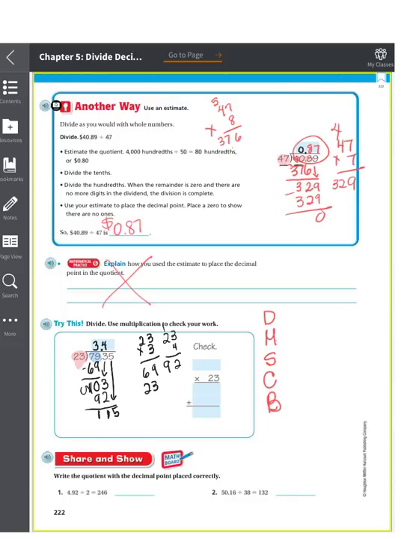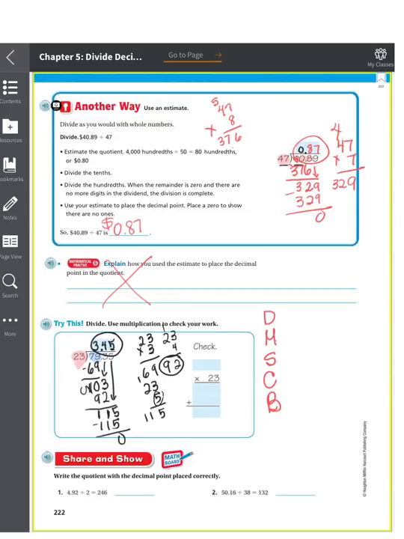Let's see, 23 times 5. Let's see if it's too high. And then that's going to be, oh, perfect. So it's 5. So the answer is 3.45.